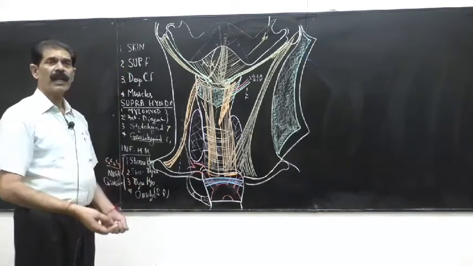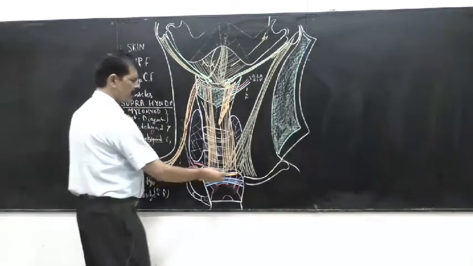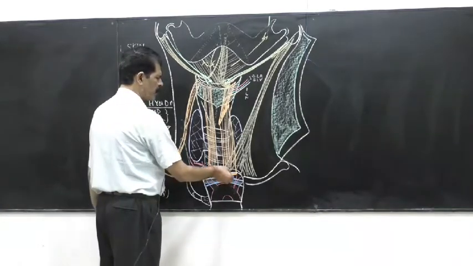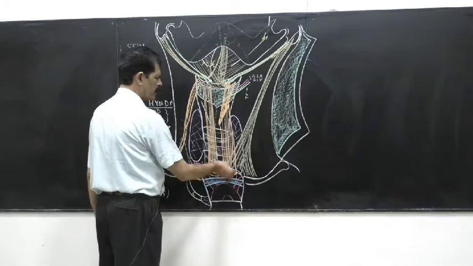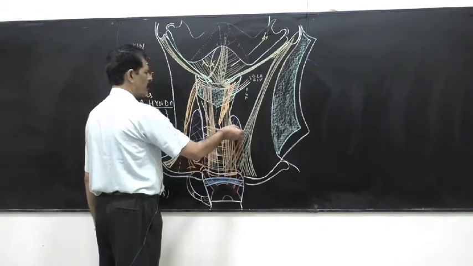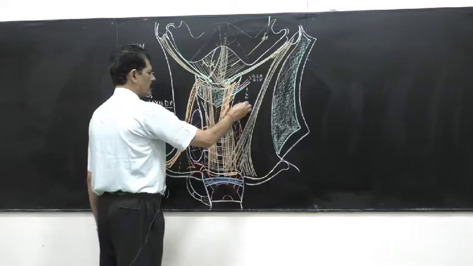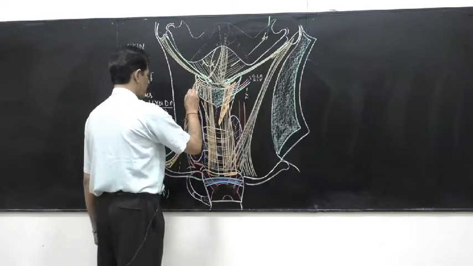When we trace these branches to the anterior triangle, for example, the left common carotid artery, it goes up. Similarly, the right common carotid artery.